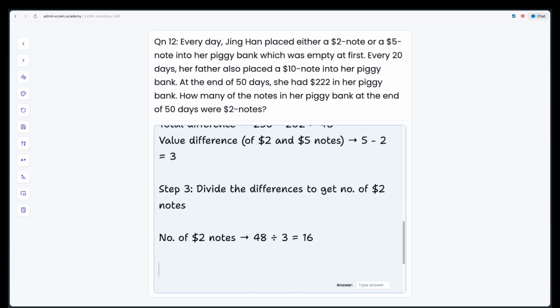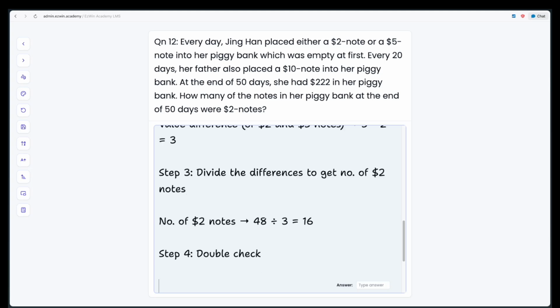And this is not the last step. We want to make sure that this is the correct number, 16. So step 4 is basically to double check. The number of $5 notes: we know there are 50 notes, so 50 minus 16 is equal to 34.